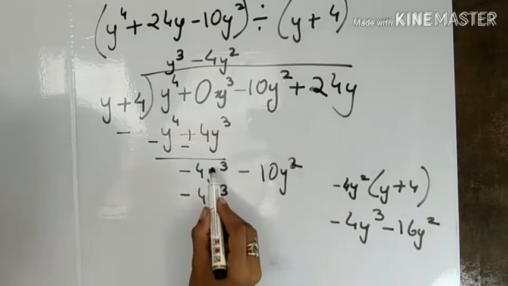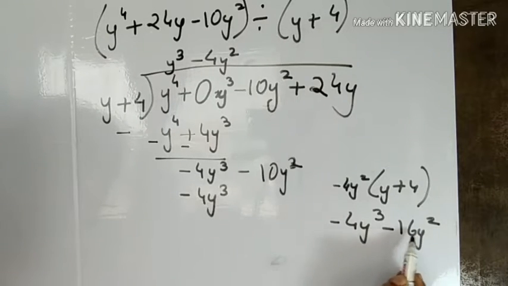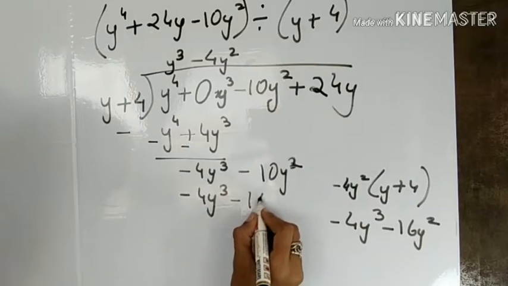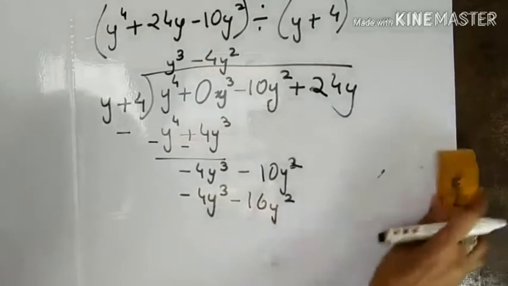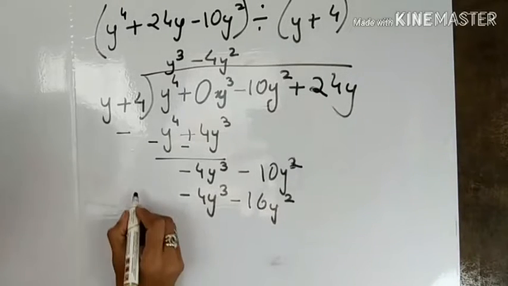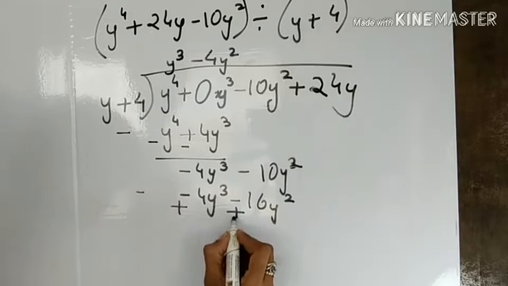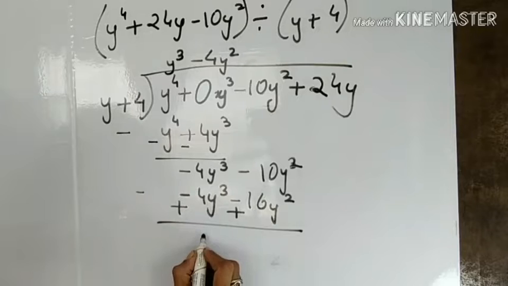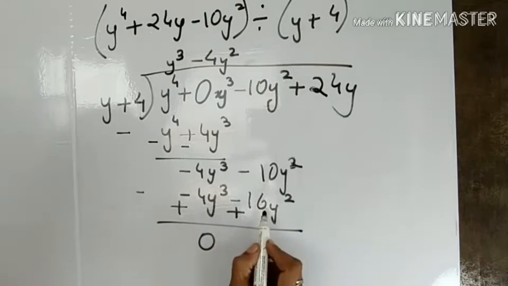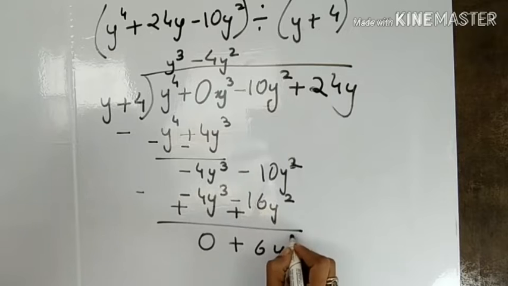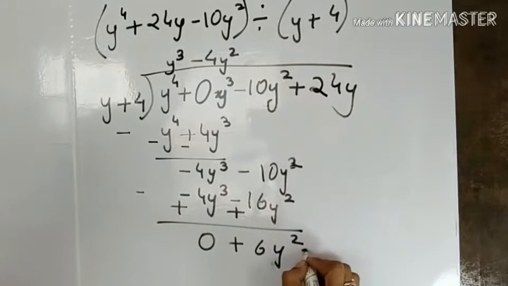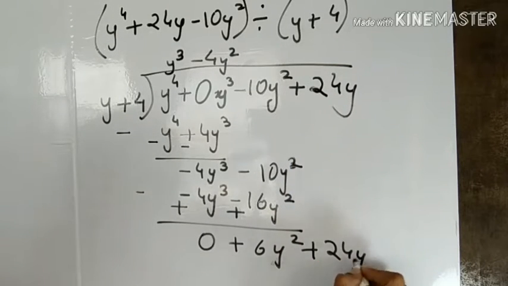The term in cube, I'm going to write it below this, and then I have minus 16y square. The signs change here. This is going to give me a 0. The sign of the greater number is 16, so that gives me plus 6y square. Get the next term below, that is plus 24y.